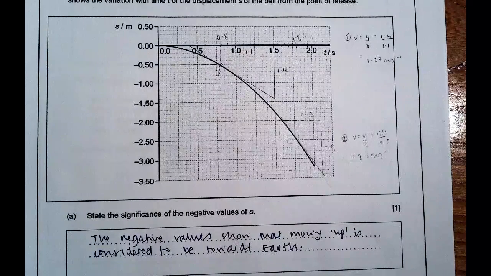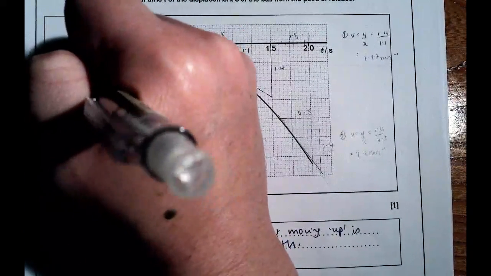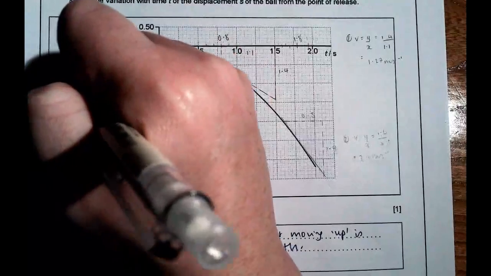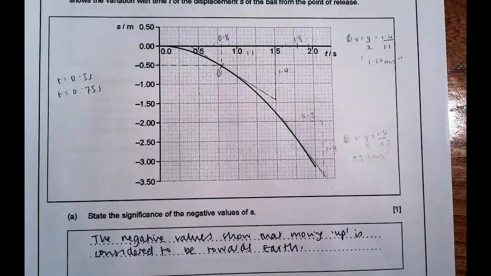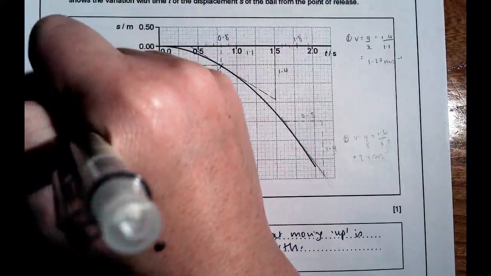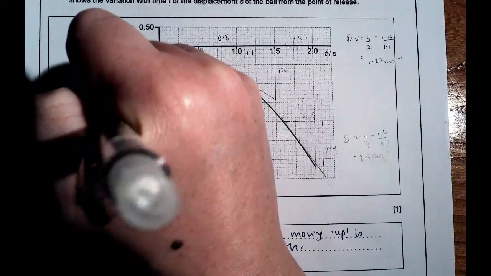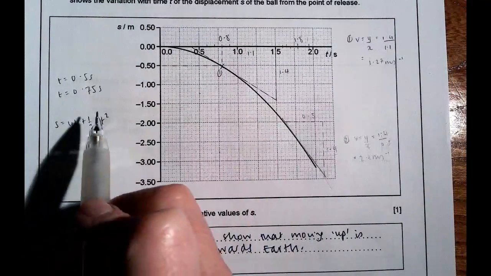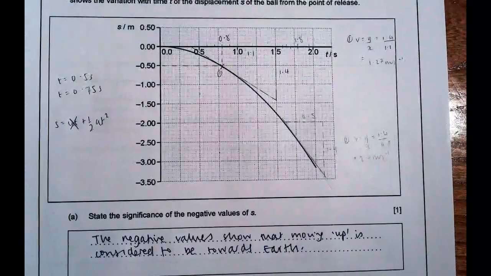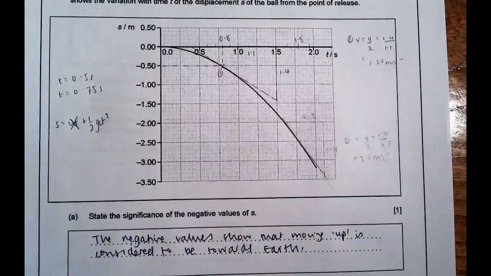So what I'm going to do is just choose 2 points. I'm going to choose t is 0.5 seconds and t equals 0.75 seconds, and I'm just going to use s equals ut plus a half at squared to get the value for s at those points, and I'm just taking the absolute value. U is 0 because the thing falls from rest, so this goes away, and this just becomes g, 9.81.